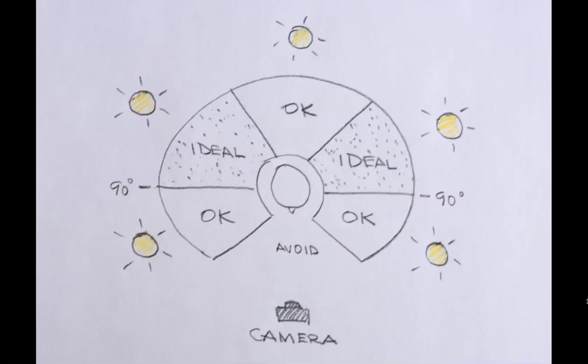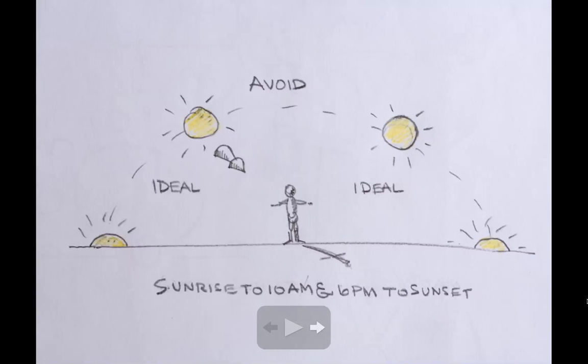So I always look to get it in the ideal areas, which would be just off to the right or left, and then depending on the time of day, way up in the air or way down low to the horizon. In any case, think about what are those ideal areas where that sun could be relative to the subject that you're photographing.